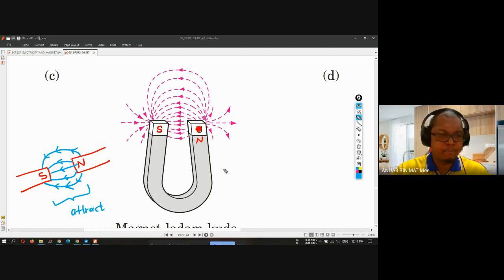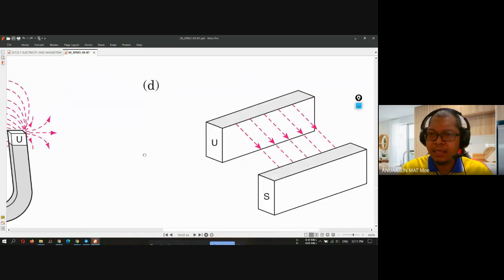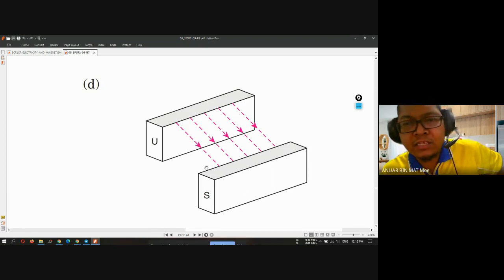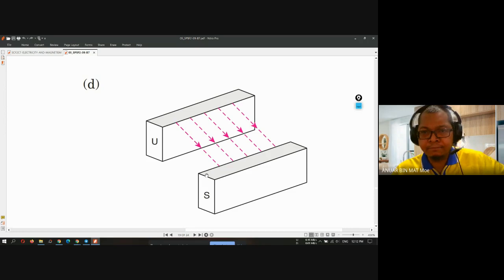Okay, class? Right, next one, D. D is very simple. You just draw a line from north to the south, meaning that the magnets will be attracted to each other.